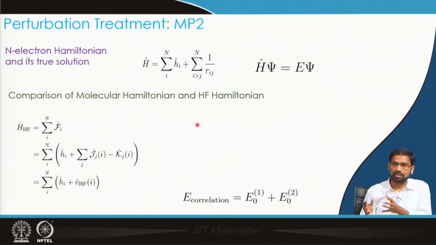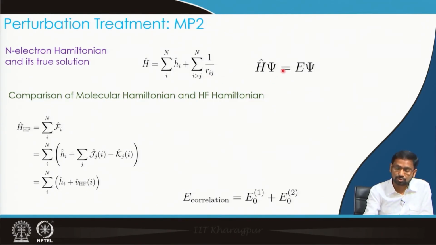There exists yet another class of methods where one uses perturbation theory to extract this correlation. How do we use perturbation theory? We have already seen that in perturbation theory, we start from a known zeroth order Hamiltonian and see what the perturbation is. Now, in this case, the full Hamiltonian is the molecular Hamiltonian, which has one electron operators and two electron operators.